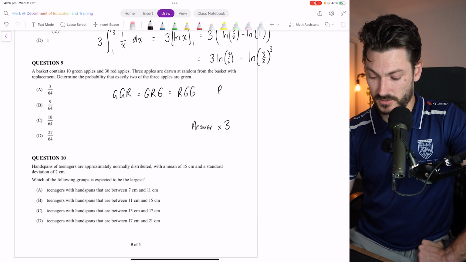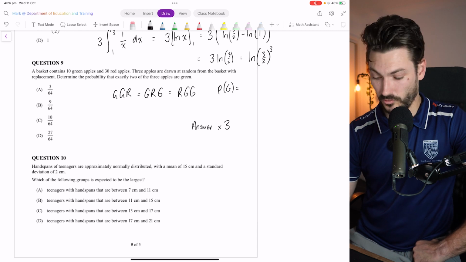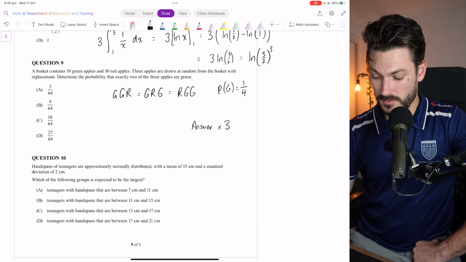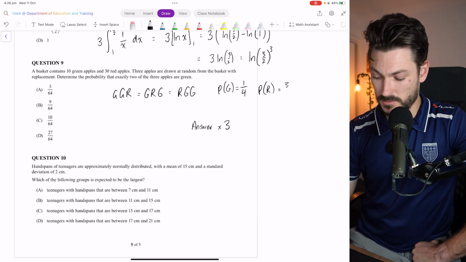The probability, I'll just write this off to the side, of getting a green, if we have 10 out of 40 apples being green, that's a quarter. And the probability of red, if we have 30 out of 40, that's going to be 3/4.